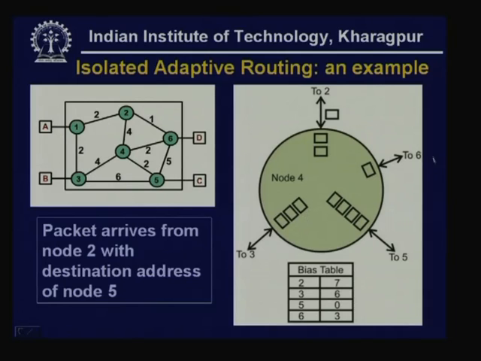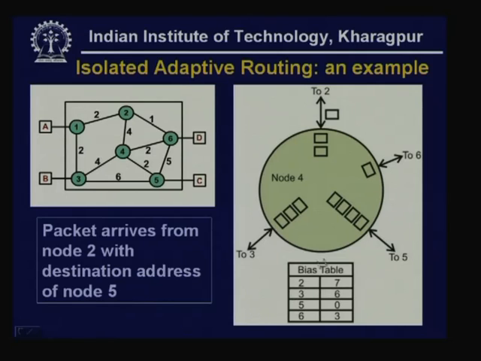As you can see, node 4 has 4 links, and the queue lengths on different links towards node 2, node 6, node 5 and node 3 are shown here. So, the queue length towards 2 is 2, towards 6 is 1, towards 5 is 4 and towards 3 is 3.